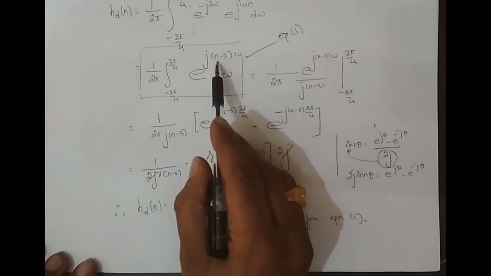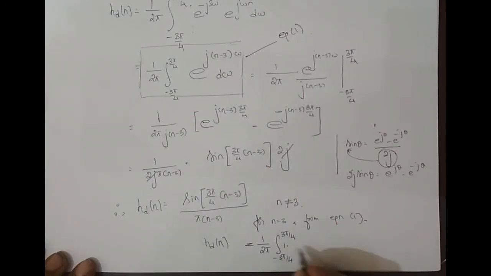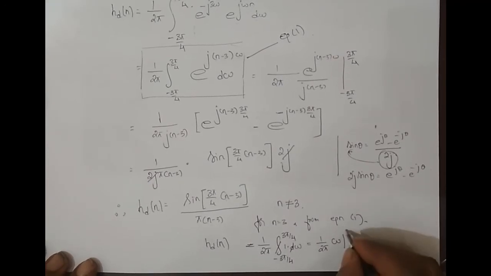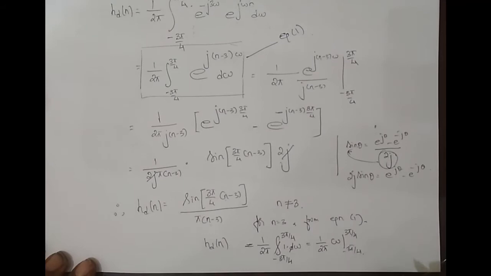So when I put n equal to 3 here, 3 minus 3 is 0, so e power 0 is 1, so I end up with 1 times d omega, right? And differentiation cancels out, so I end up with 1 by 2 pi into just omega with the limit minus 3 pi by 4 to plus 3 pi by 4.